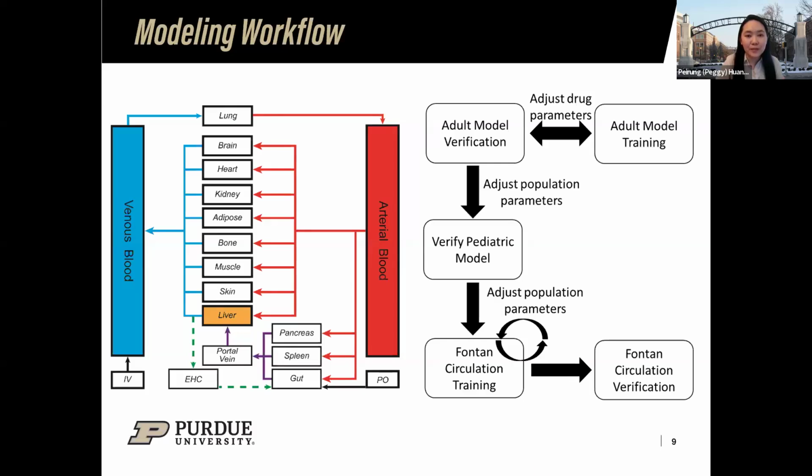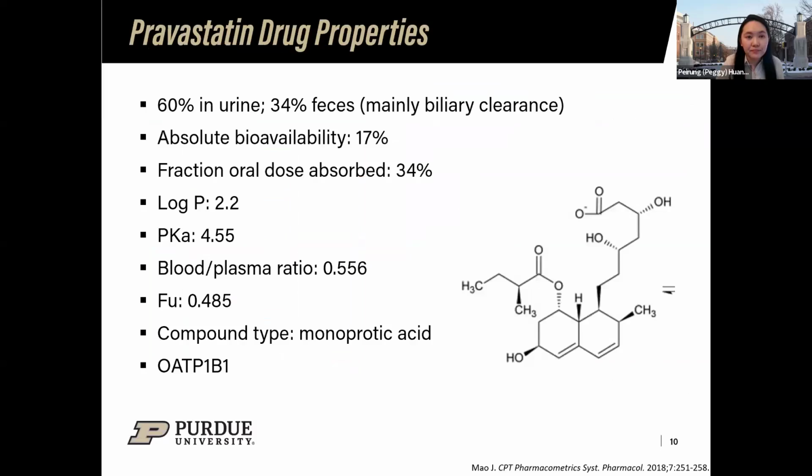And we'll compare that with the observed data from the literature, and we'll simulate into the healthy pediatric population, and we'll incorporate the physiological and demographic changes that we identified in the previous step here, and develop a pediatric Fontan population. And we'll use the data from the clinical study to train and validate our model. And today I'm going to talk about adult model verification.